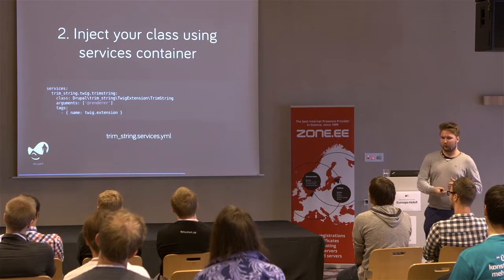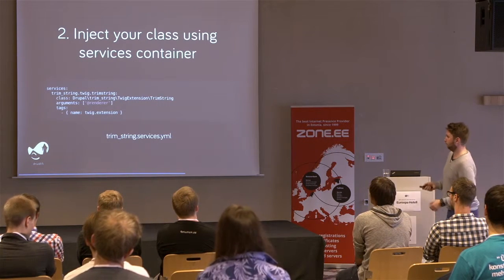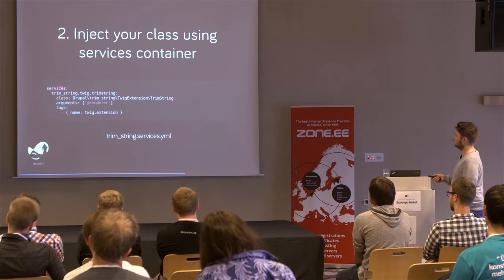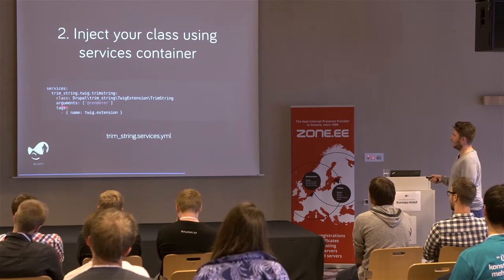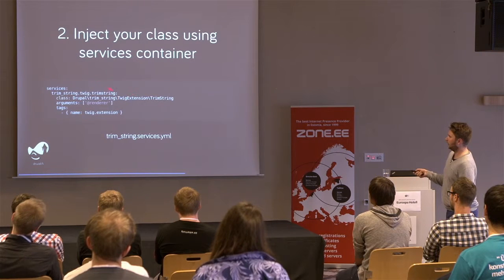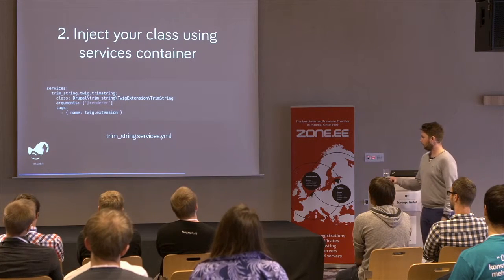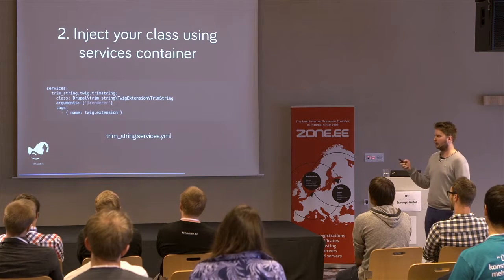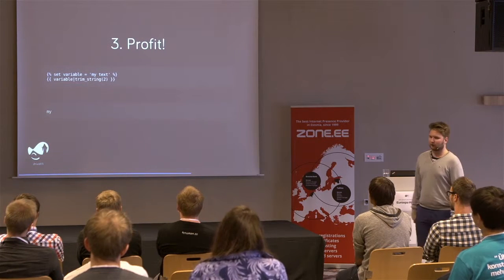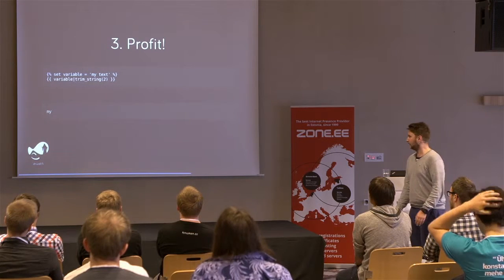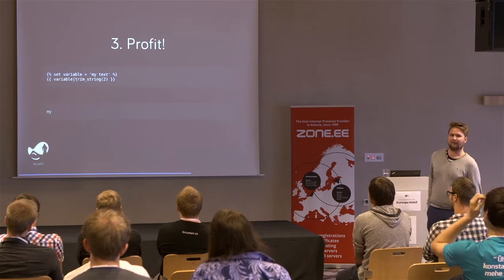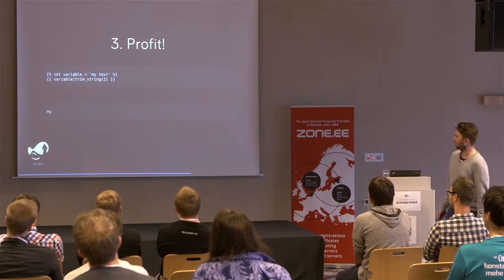And then the Twig will come pick up your extension. Here I tell the class where it can be found, and here is the unique ID of this service. And it's in the services.yaml inside the module. And the third step after this is profit. It's already working. Nothing else needs to be done.